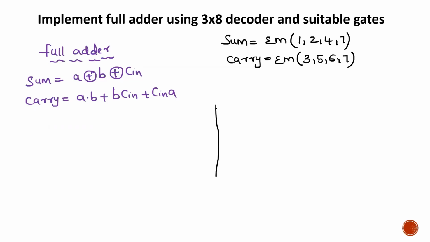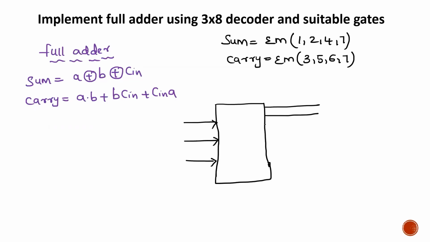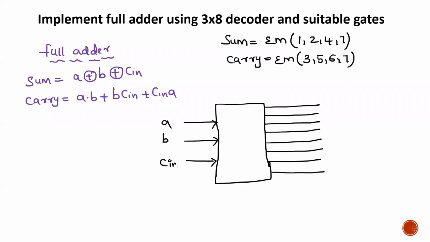So take one block. It contains 3 inputs and 8 outputs will be there. Here three inputs are nothing but A, B, C in. And internally after it, outputs are 0, 1, 2, 3, 4, 5, 6, and 7.